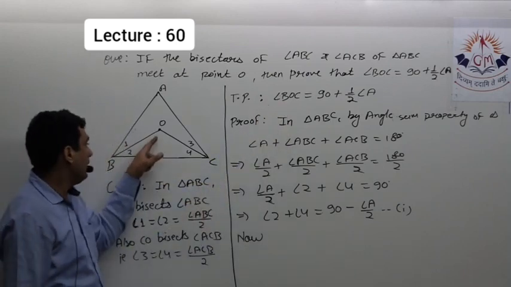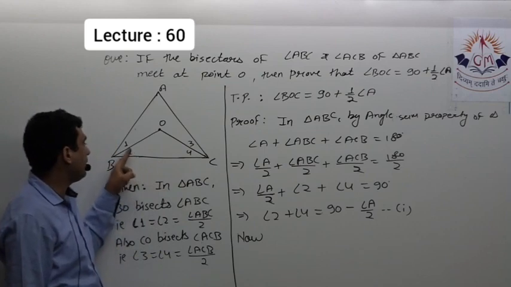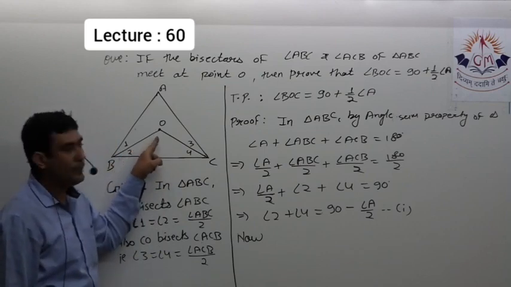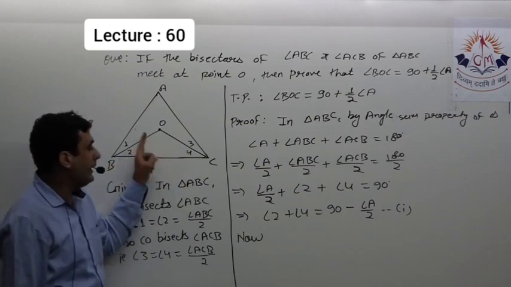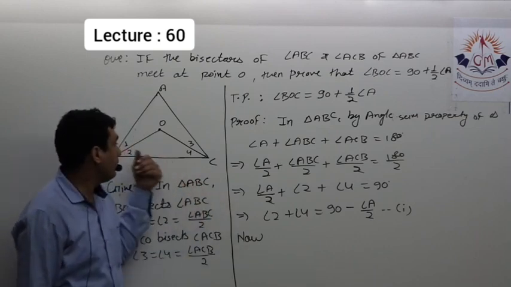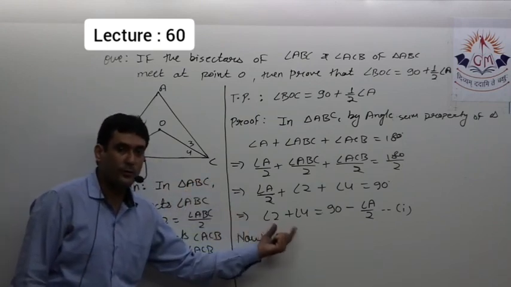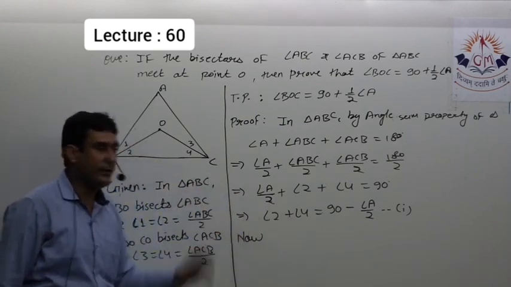Okay, so in triangle BOC, if I again apply the angle sum property of the triangle, I can write angle 2 plus angle 4 plus angle BOC equal to 180, and from there I can say 2 plus 4 is equal to 180 minus BOC, and then I can replace this angle 2 plus 4 by that expression to get my final answer.